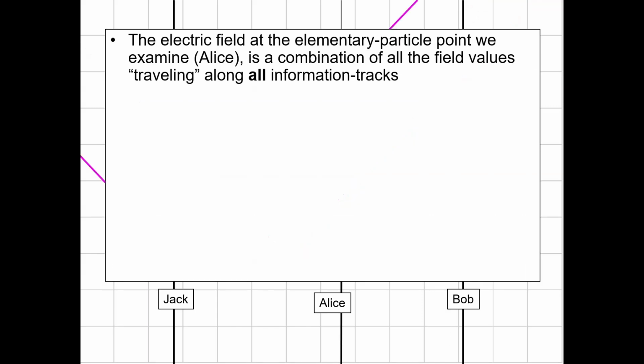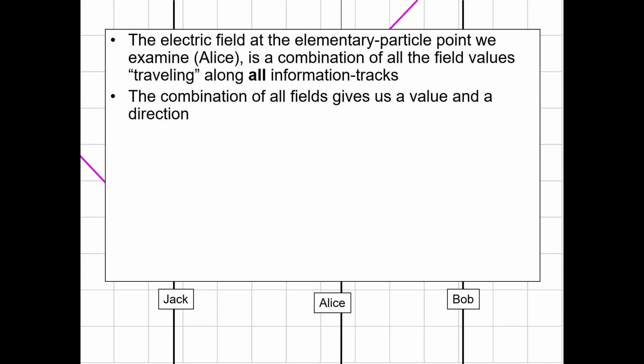However, it is a little bit more complicated than that, because the electric field at the elementary particle point that we examine, and in this case we'll use the world line called Alice, is a combination of all the field values traveling along all information tracks. And this combination of all fields gives us a value and a direction.